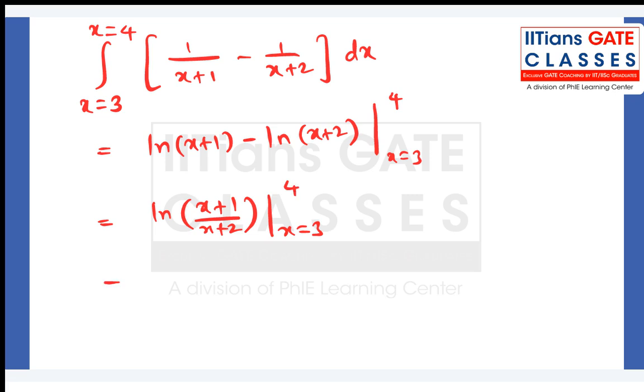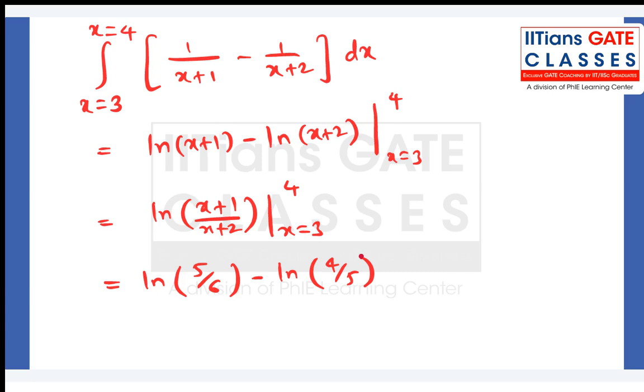So in that case, if you put 4, then you have ln of 5 by 6 minus ln of 4 by 5, if you put 3.